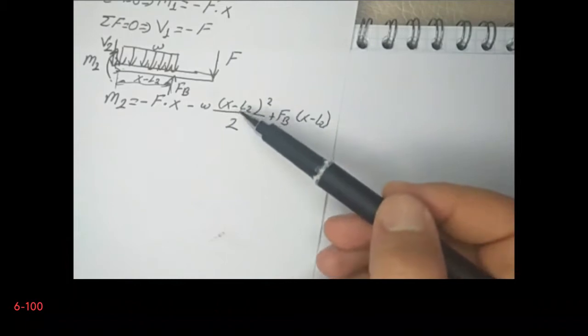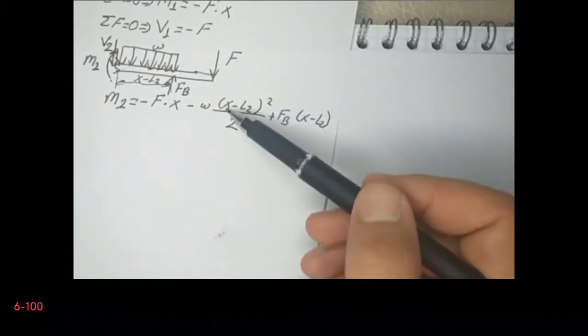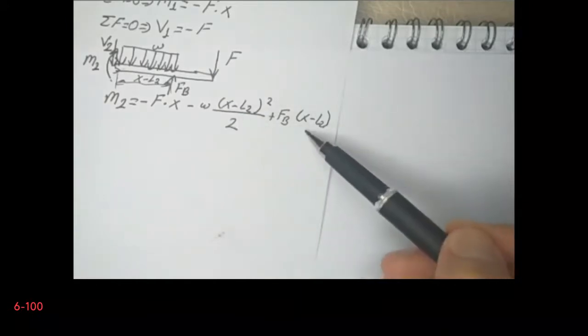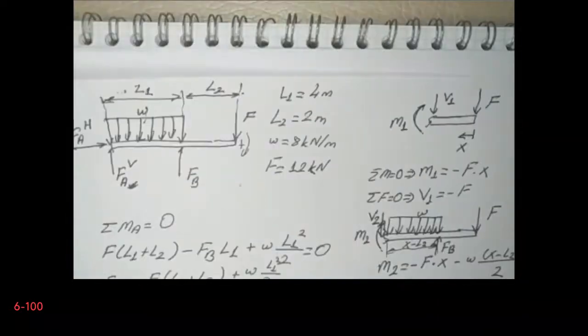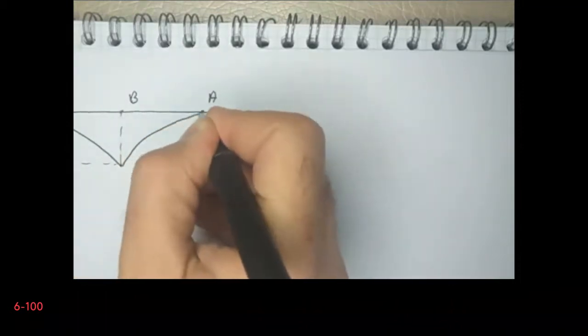So when it is L2, this is 0. When it is L2 plus L1, this becomes L1, so this is the minus L1 squared divided by 2. But FB will compensate it. As a result, at point A, it will decrease to 0. So it's going to be something like this, and it will become 0 at point A.